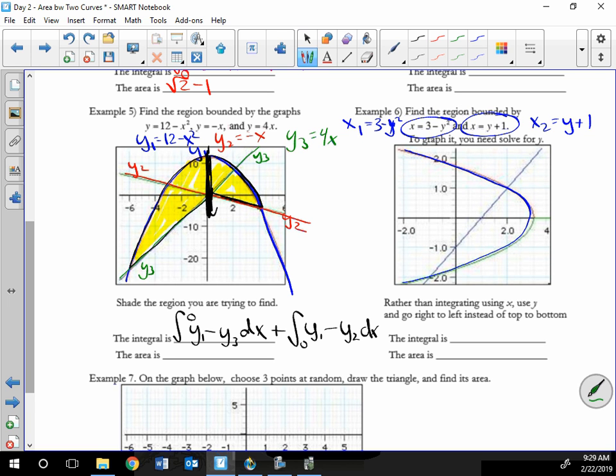Well, y plus 1 is just simply a line that's been shifted. So here's our x sub 2. Here's our x sub 1. If you struggle with how to graph these, you can always solve it for y equals, and then graph it, and that's going to be your line.